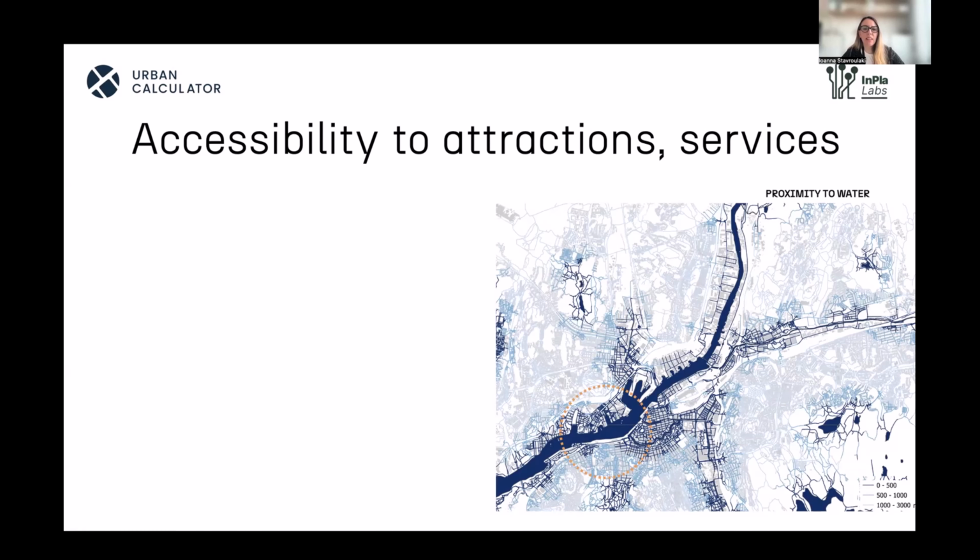So in straight line distance, these areas are equally close to the river, but actually in walking distance, the one side of the river is further away from water because there are no streets. The streets that are there are unwalkable. We lack street connectivity and so on. So the water is there, but one cannot reach it.